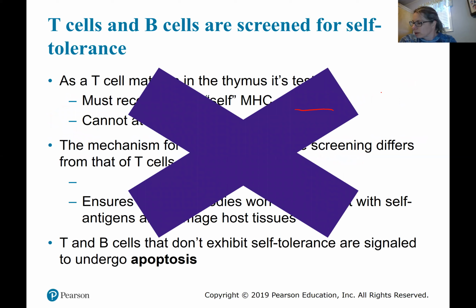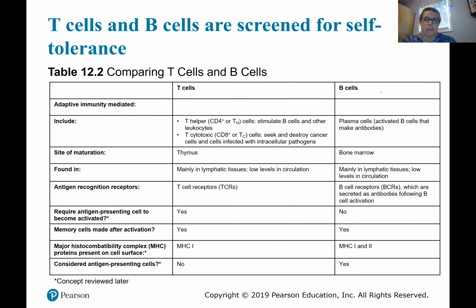Okay, so we're going to skip this one and jump into a comparison of T and B cells. I don't have the page written down, but this would be a good table for you to review. So in the T cells, okay, the cellular immunity and the humoral over here.